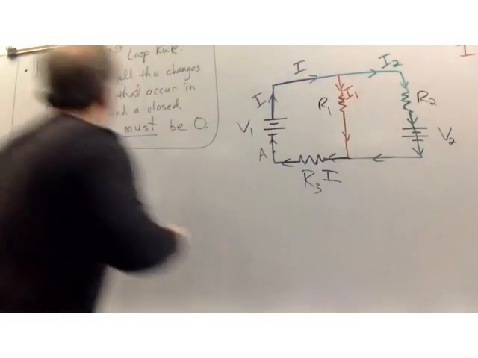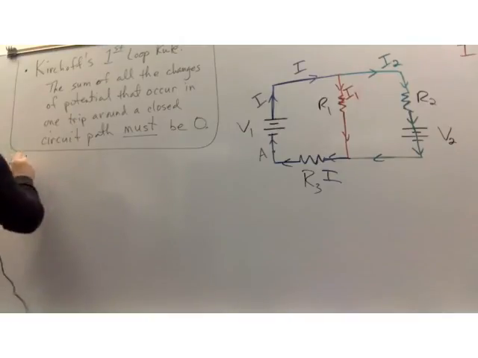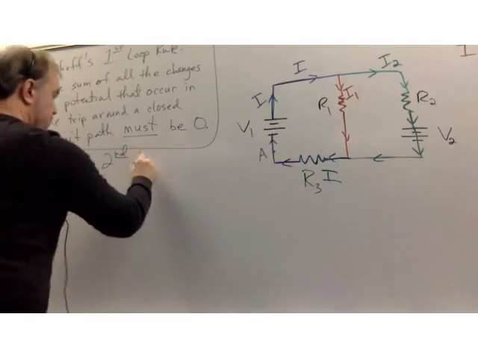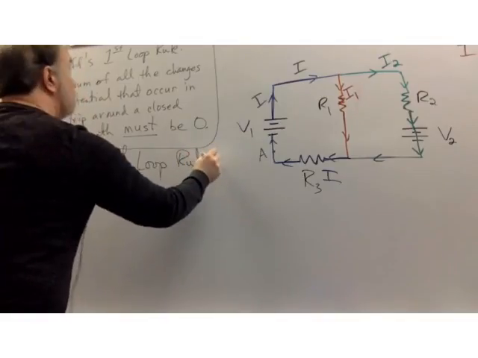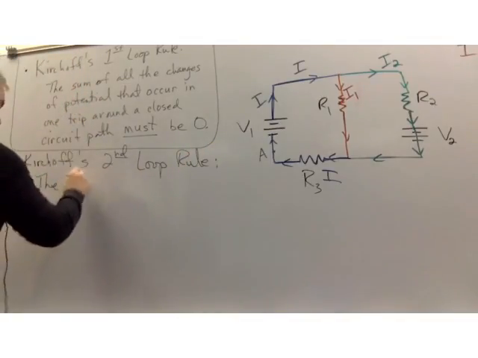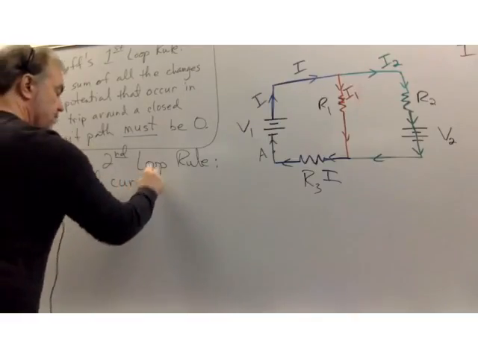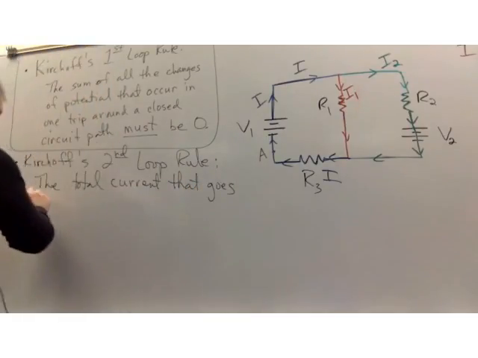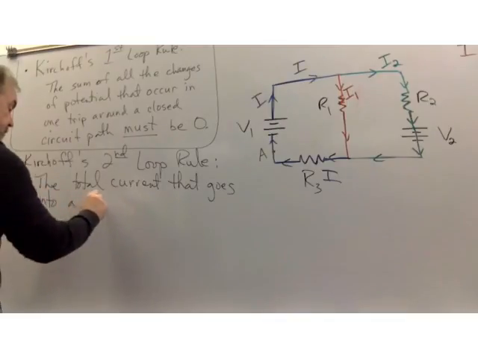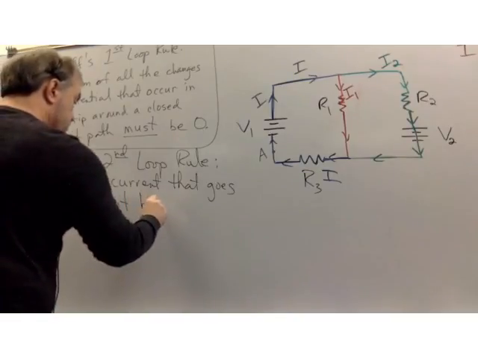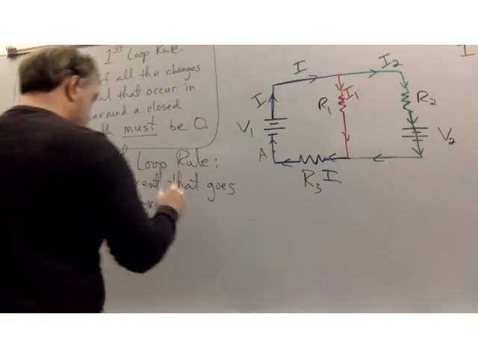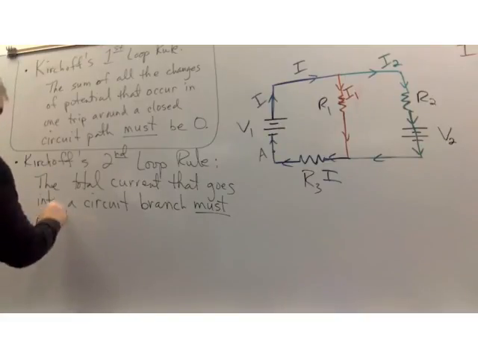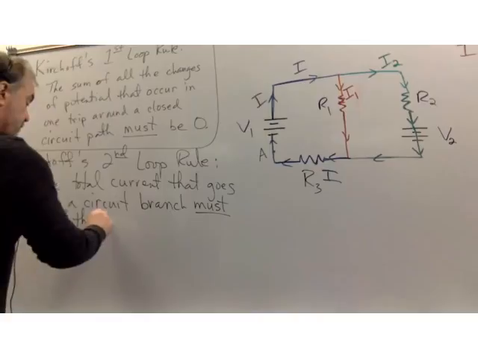To wit, Kirchhoff's second loop rule: the total current that goes into a circuit branch, as we call it, must equal the total current that comes out of that branch.